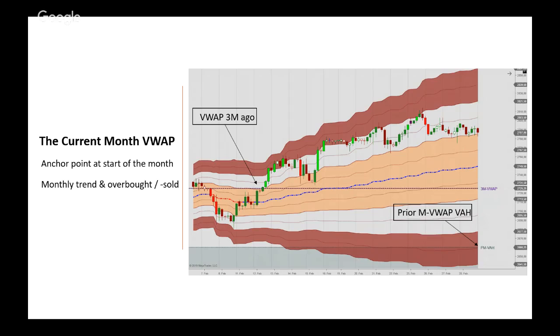So combining these higher time frame VWAP charts is a powerful way of using multiple time frames to identify setups. So we had an oversold in the weekly, whereas that in fact was just a retracement into the monthly value area here.